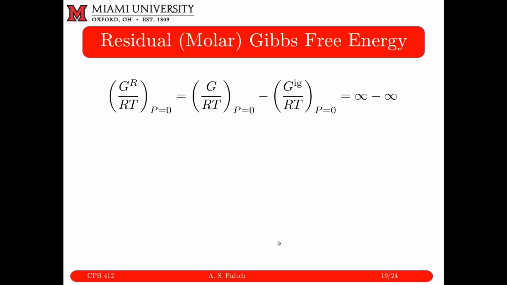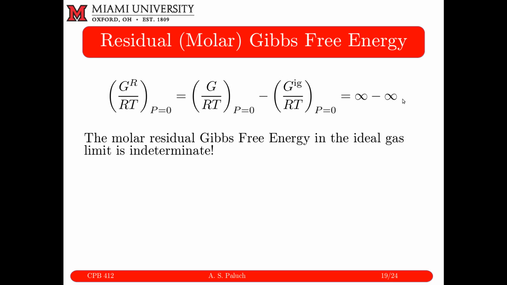So then our molar Gibbs free energy in the ideal gas limit, in the limit that P goes to 0, is equal to the actual value at the limit that P goes to 0 minus the ideal gas. It's going to be equal to infinity minus infinity. So the molar Gibbs free energy in the ideal gas limit is indeterminate.